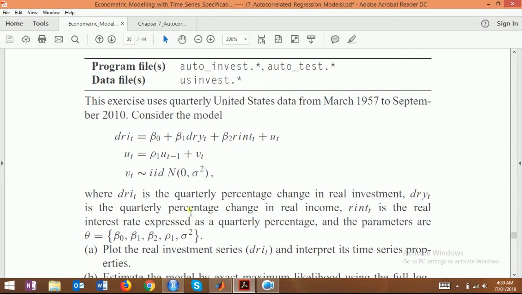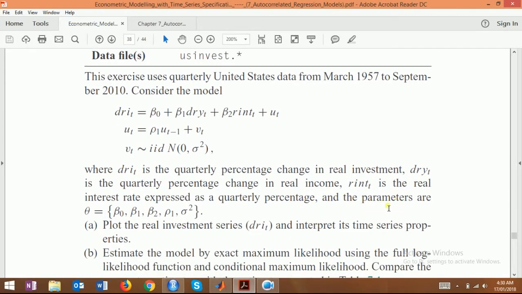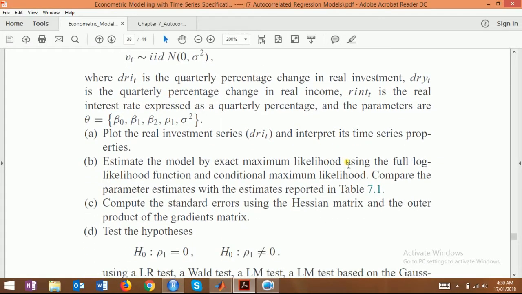Here DRI is a quarterly percentage change in real investment, RY is a quarterly percentage change in real income, INT is the real interest rate expressed as a quarterly percentage, and the parameters are beta naught, beta 1, beta 2, rho 1 and sigma square. Plot the real investment series and interpret its time series properties.